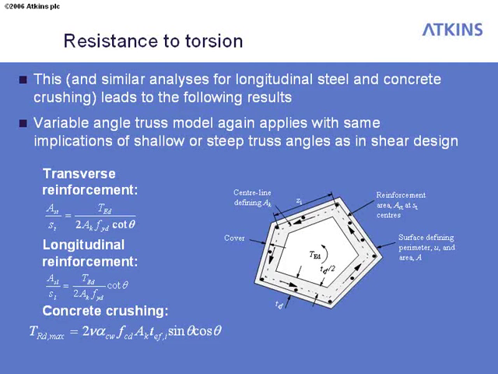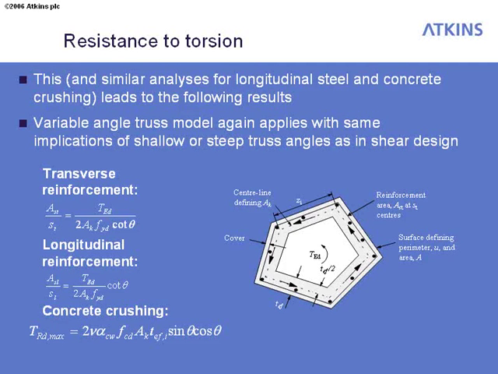What you'll see is that the transverse reinforcement equation has again a cot theta in it, and theta is again a truss angle. And the rules of selecting the truss angle for torsion are the same as they are for shear. So we can vary theta from 45 degrees at its steepest to 21.8 degrees at its flattest.